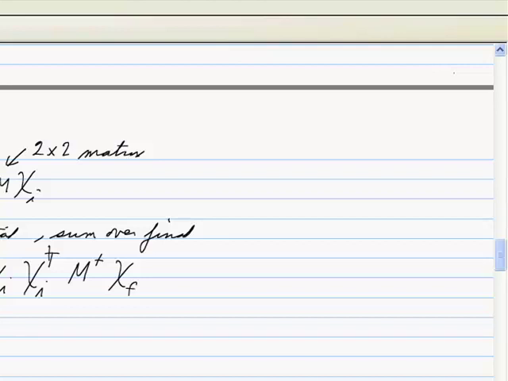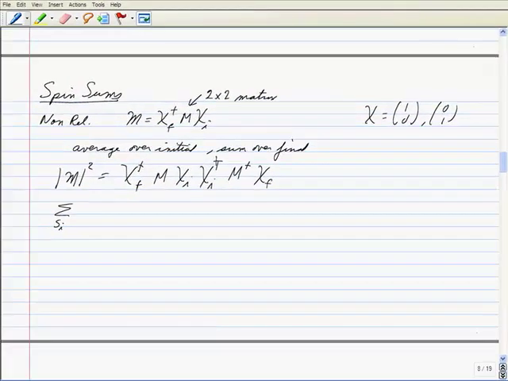And we're instructed to sum over the spins. Chi's can be either 1, 0 in some basis or 0, 1. And so if I'm instructed to sum over the spins, let's do it of the initial guy. I have chi initial dagger, and those are actually vectors.